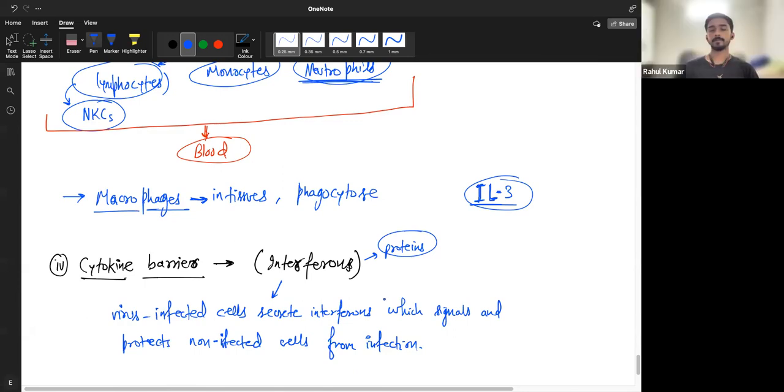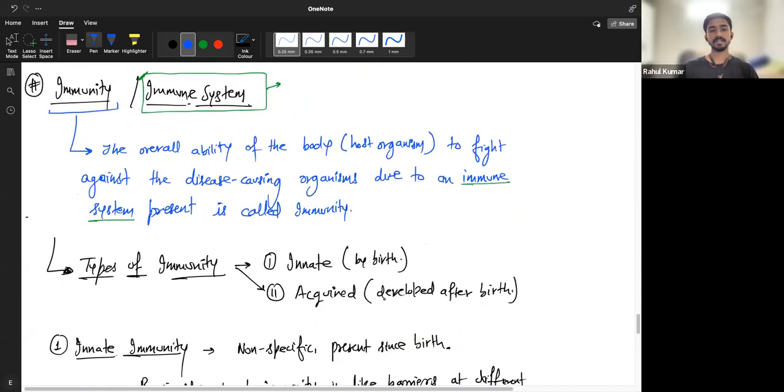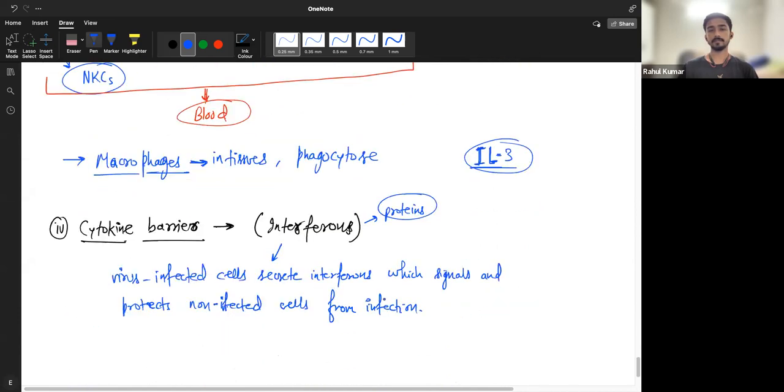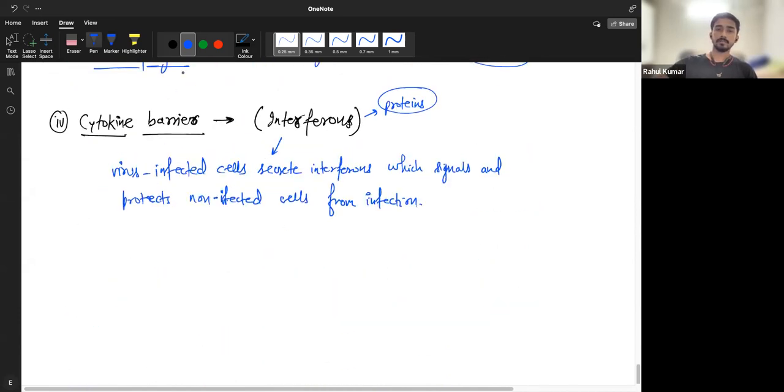Okay, so this is about the innate immunity. Now let's come to the part which is more bulky, adaptive immunity. Now you must have realized that in innate immunity, there is nothing which is giving specificity, right? Like we said, it is very general.